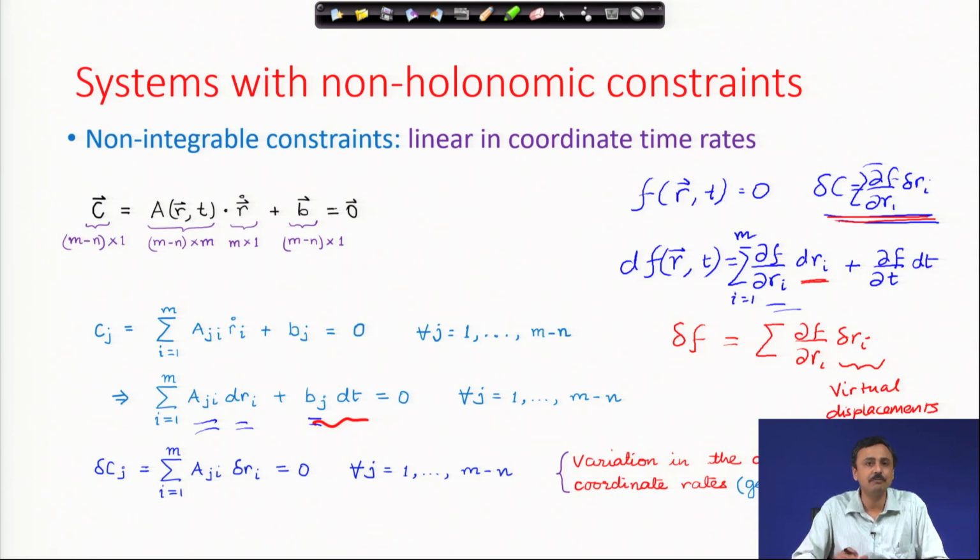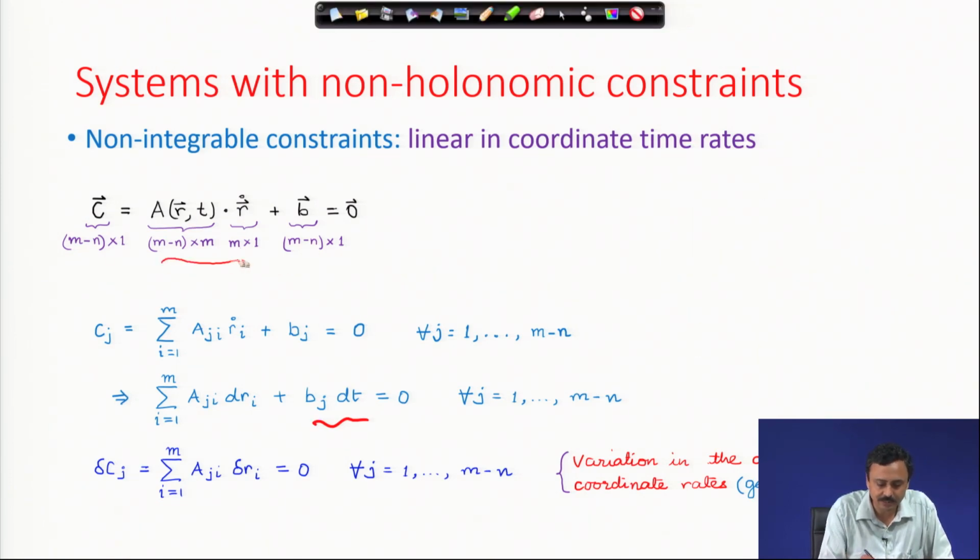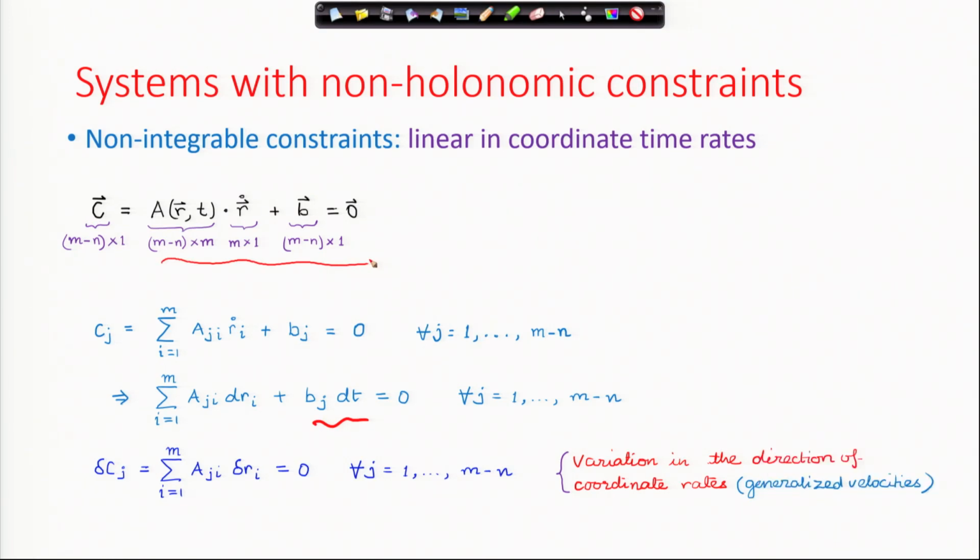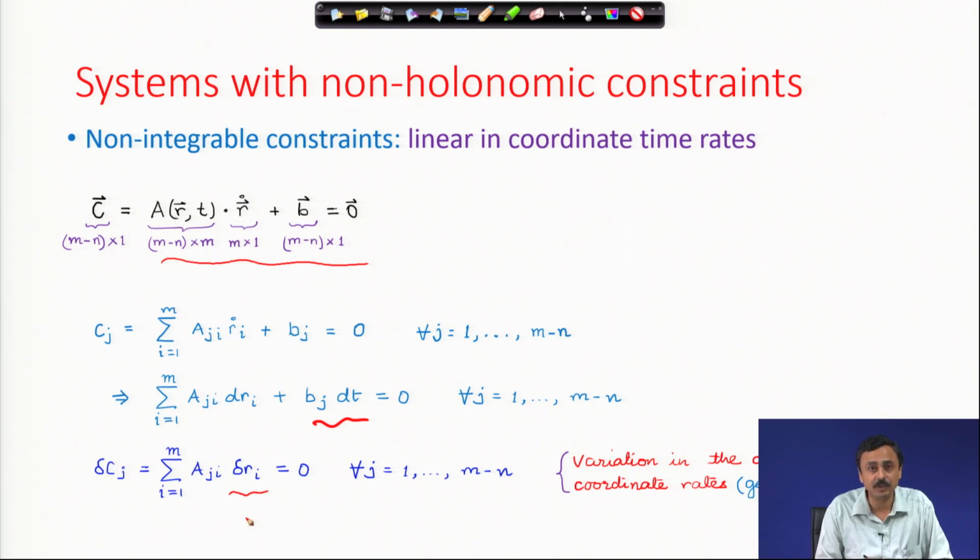You cannot have arbitrary velocities in a non-holonomic system. The velocities must satisfy this condition, and our variations do satisfy that constraint, that virtual displacement does satisfy the velocity constraint.